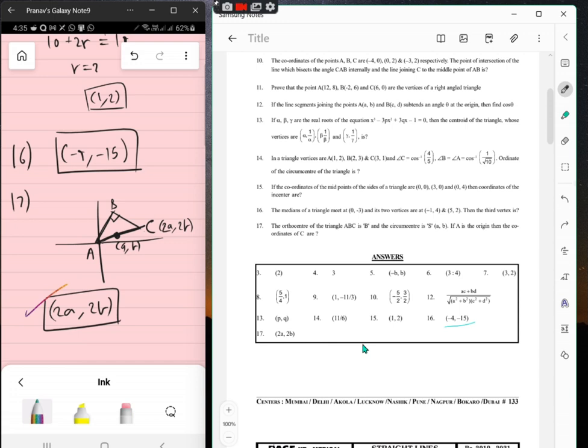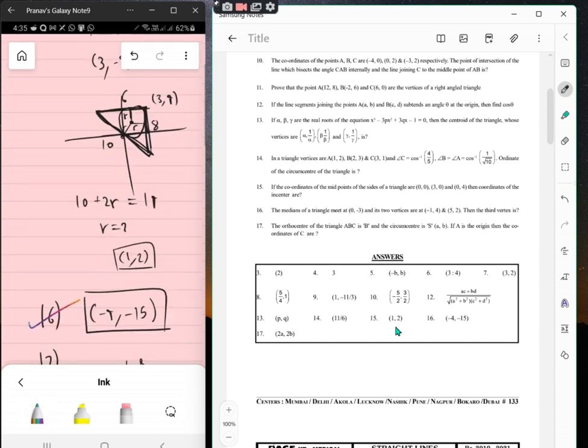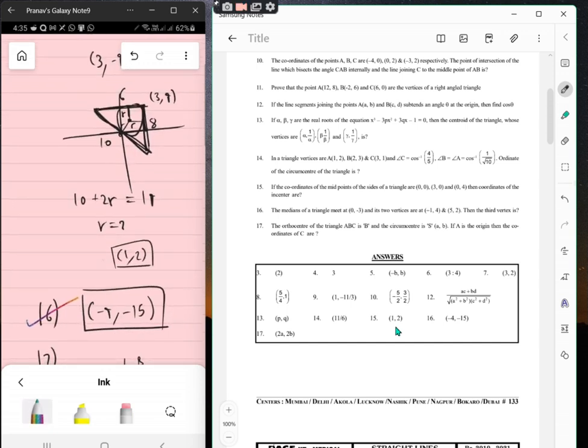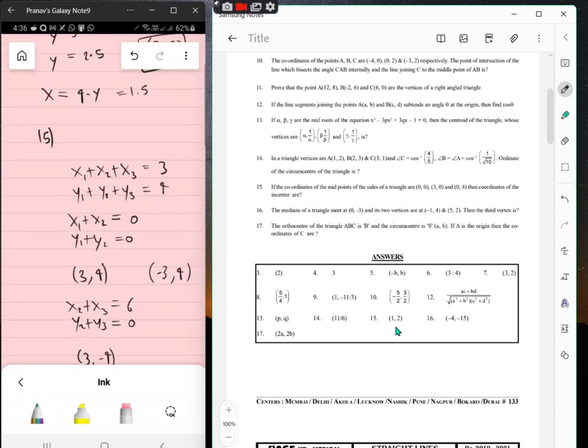So 17 is that, and 16 is negative 4, negative 15. That's correct. Then it should be 1 comma 2. Yes, that's correct. Then okay, this is all just calculation.